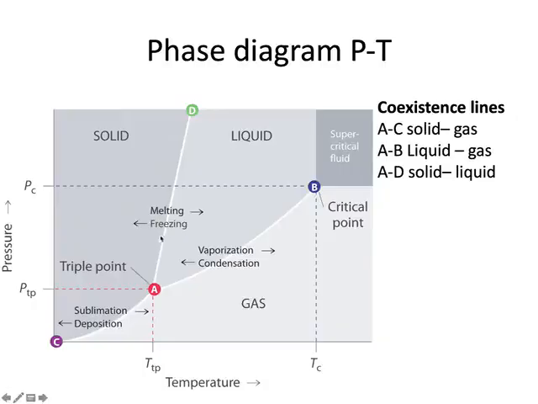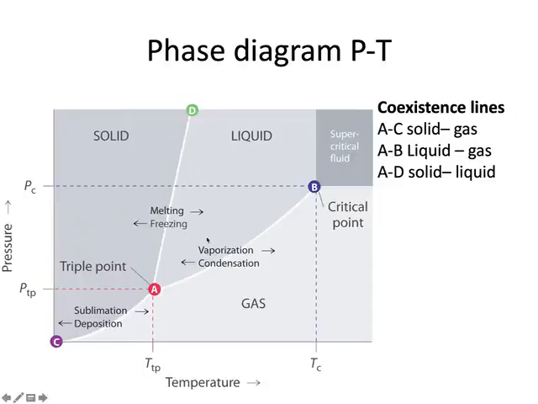All heat goes into the phase transition. All heat goes into melting. No heat goes into changing the temperature until all the solid has been melted. And this is the same for all phases. At a phase coexistence line, the phase change is connected with the heat of the phase transition.